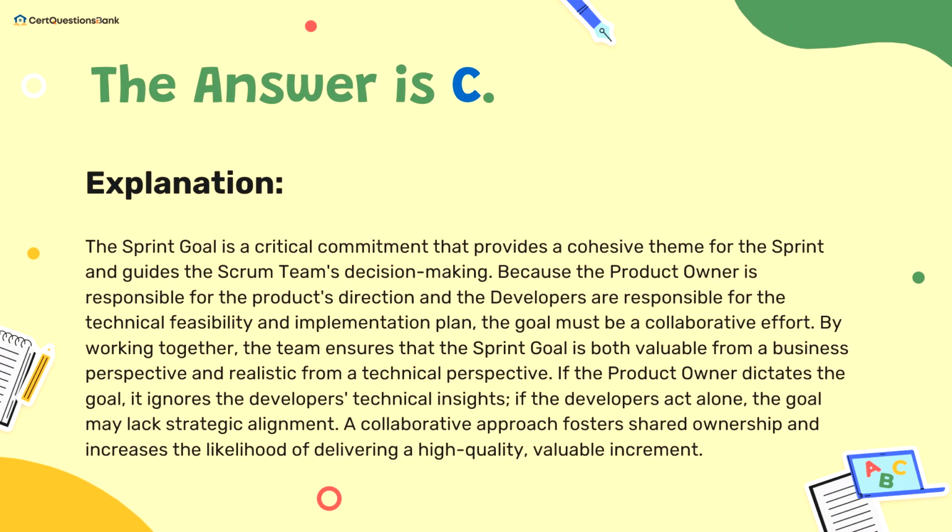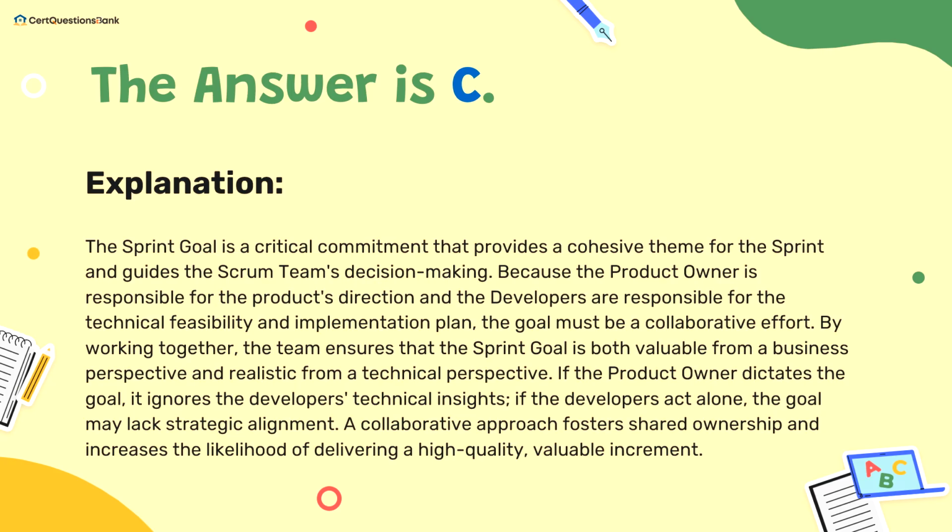The answer is C. The sprint goal is a critical commitment that provides a cohesive theme for the sprint and guides the Scrum team's decision-making. Because the product owner is responsible for the product's direction and the developers are responsible for the technical feasibility and implementation plan, the goal must be a collaborative effort.